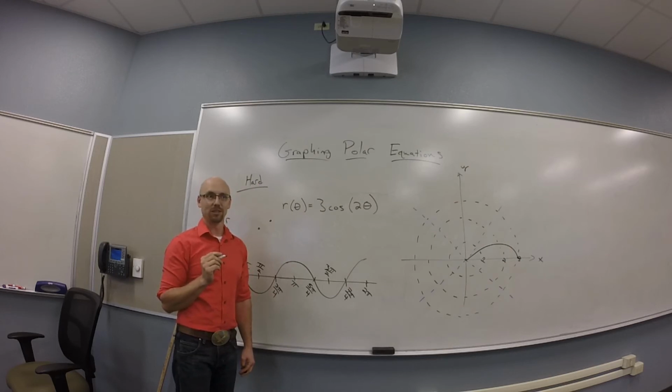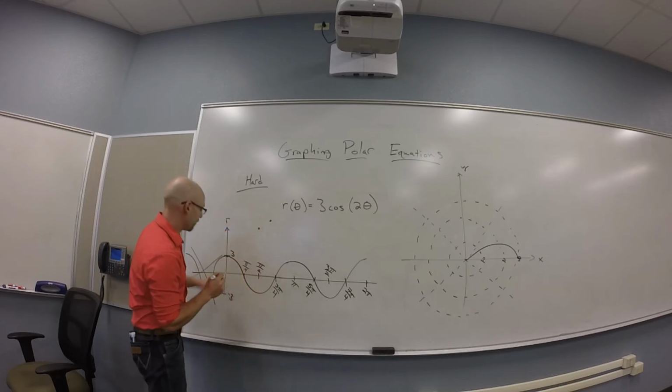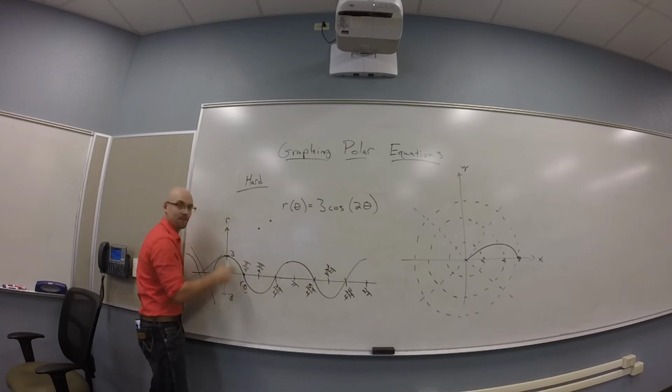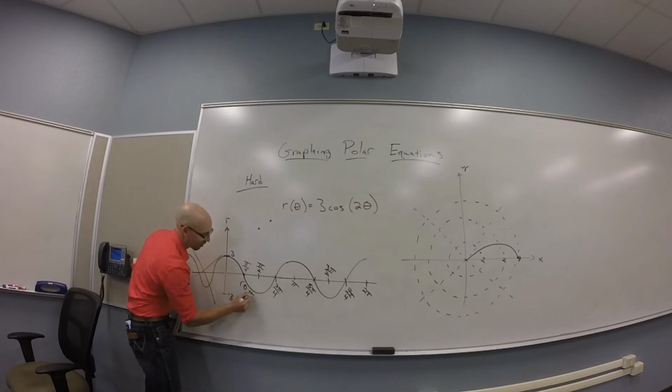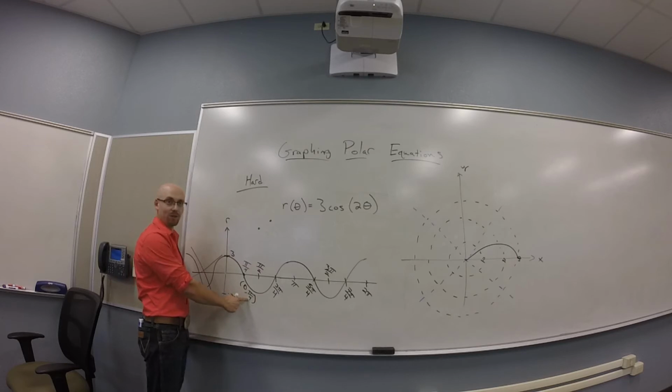Question? So I really just connected those dots with the angles in between. So why is the radius 0? So this guy here corresponds to the polar point 0 in the radius, comma, pi over 4 in the angle. When the radius is 0, I don't care what the angle is. It's always 0, 0.